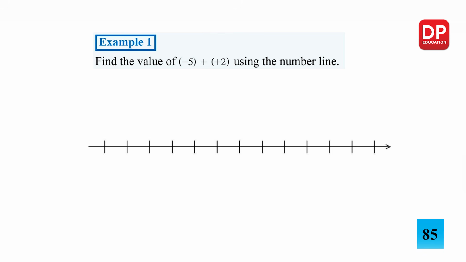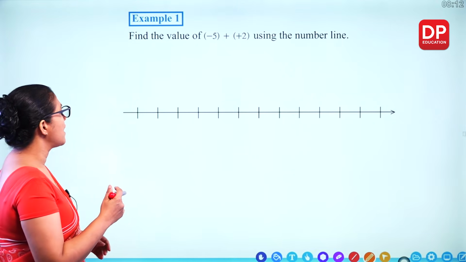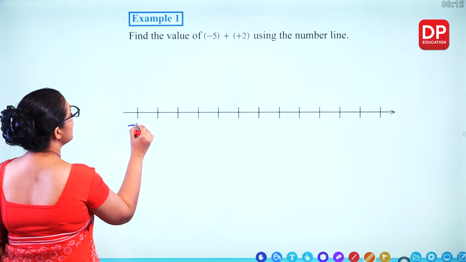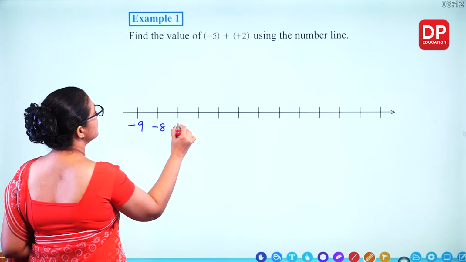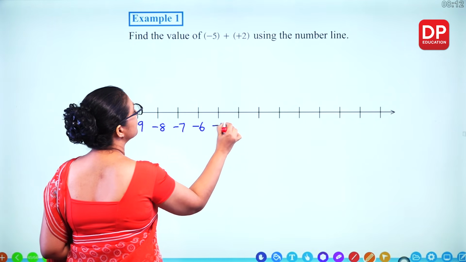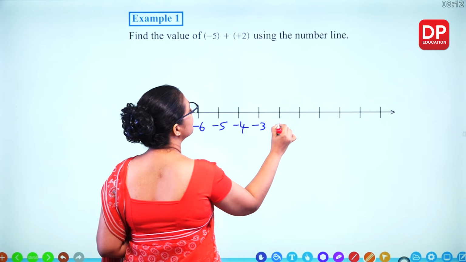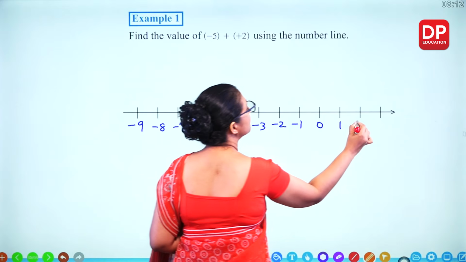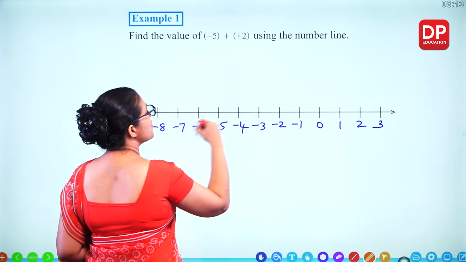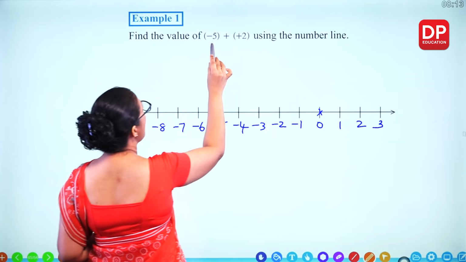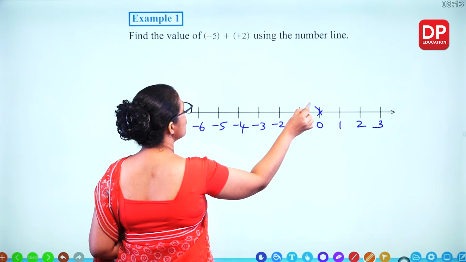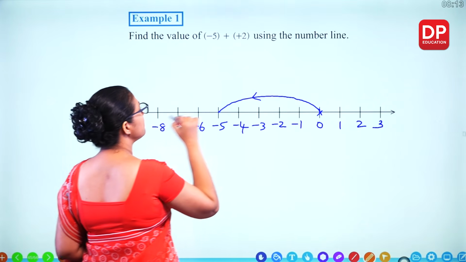Example number 1. Find the value of minus 5 plus 2 using the number line now, two different signs. So we'll take minus 9, minus 8. Starting from 0, minus 5, 5 squares to the left.